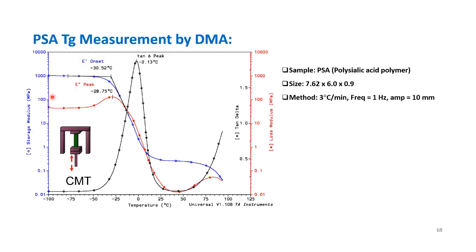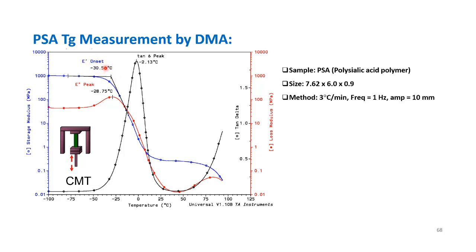So you can see all the three parameters or variables are shown here. The blue one is the storage modulus, the red one is the loss modulus, and this is the tan delta peak. So here tan delta peak shows some temperature which is around minus 2.13 degrees Celsius. Then we have the storage modulus which is around minus 20.